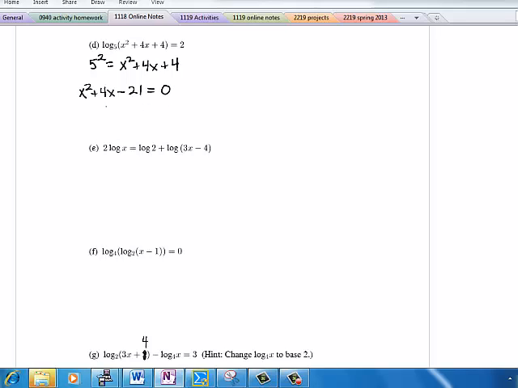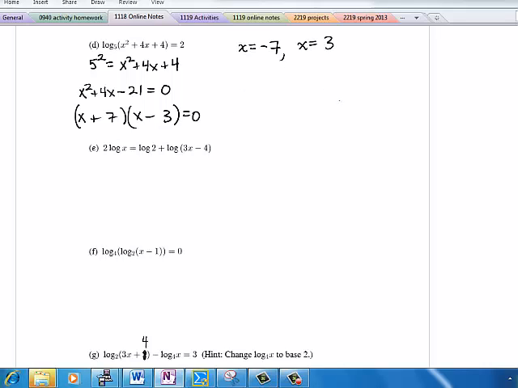We'll try to factor. Looks like 7 and 3 are the factors we need, a plus 7 and a minus 3. So we would have x equals negative 7 when x plus 7 is 0, or x equals 3 when x minus 3 is 0.